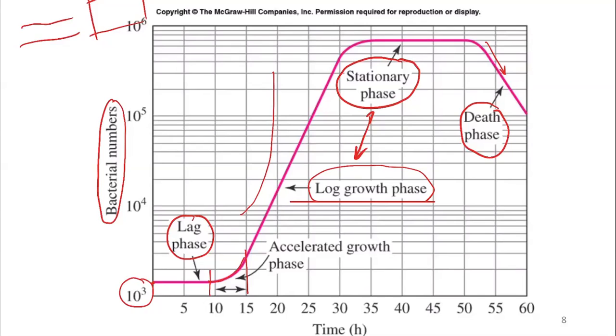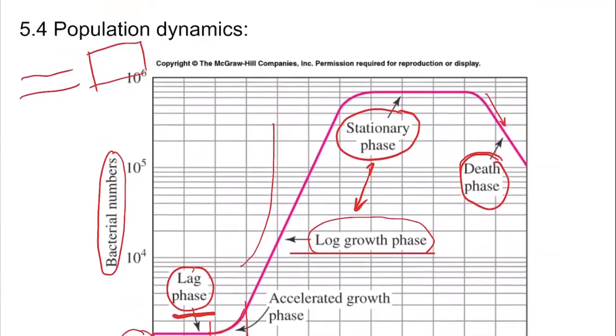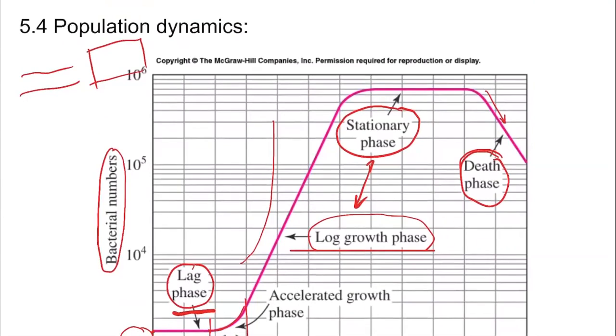We don't want to introduce very few bacteria, mainly because they need a long time to get adapted to this environment, and we don't want to introduce them during the death phase. It costs money, right? So these are the basic concepts in ecosystems.